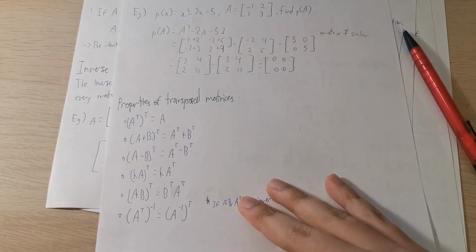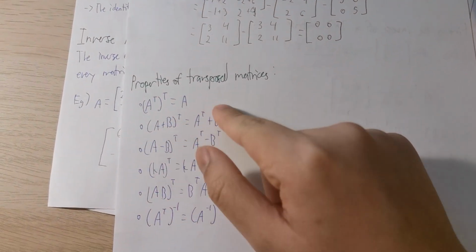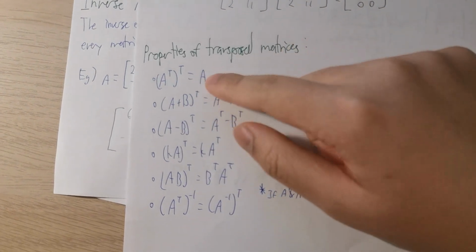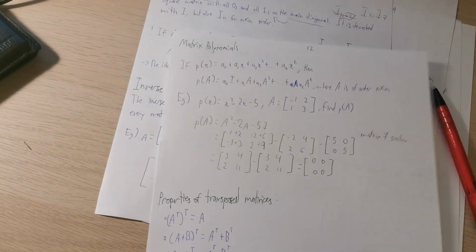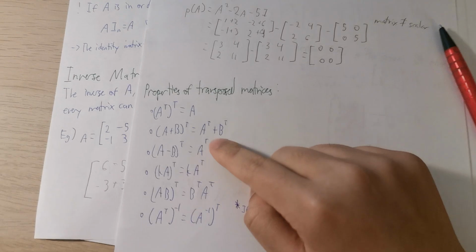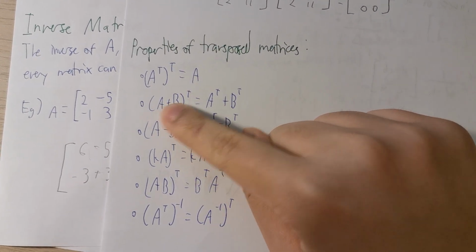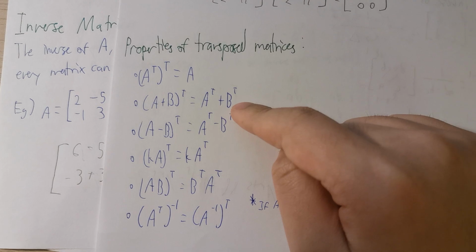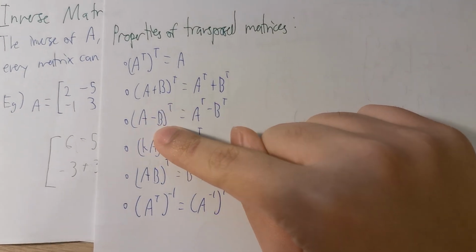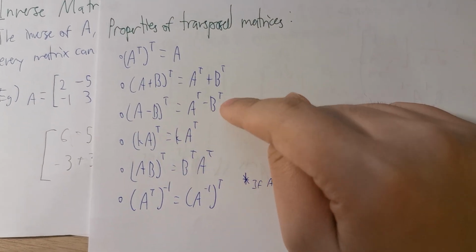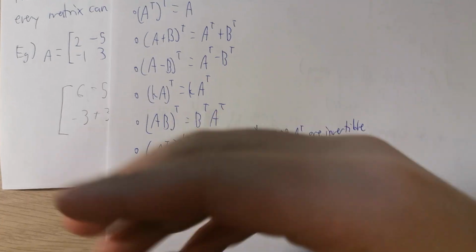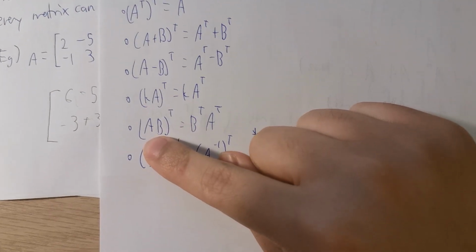And we're just going to finish it off pretty simply, with properties of transposed matrices. It's just some final things that for some reason weren't referenced in the previous chapter. If you flip something twice, it's just the original thing. A plus B flipped is A flip plus B flip. A minus B flipped is A flip minus B flip. If you have a constant, it doesn't matter if it's inside or outside.